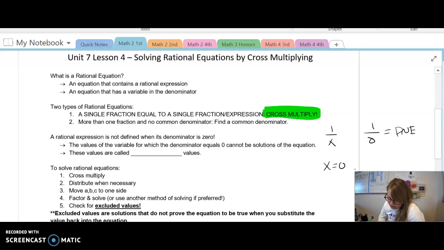When this happens, these values are called excluded values. It's kind of similar to extraneous solutions, where we have a solution that just doesn't work. Excluded value doesn't mean it's going to be a solution, it's just a value that we cannot put into our equation.